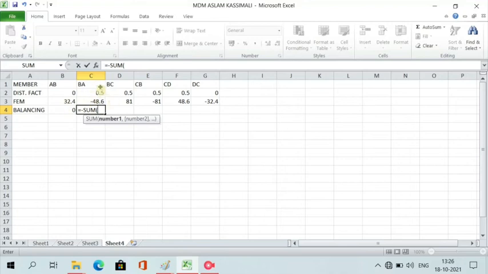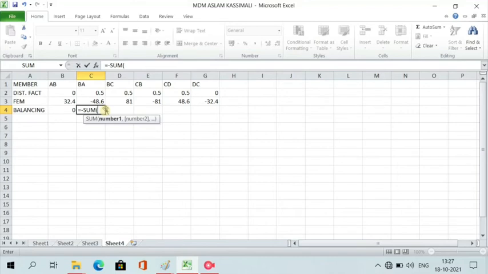See here. Now I need to add this fixed end moment, means moment at joint B. So these cells C3 and D3 we need to add.